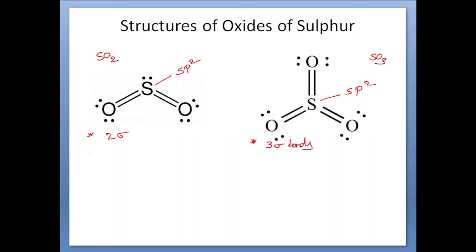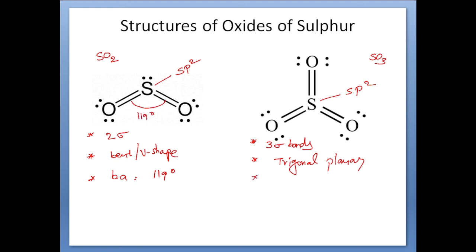Sulfur dioxide's geometry is bent or V shape, while sulfur trioxide's geometry is trigonal planar. The bond angle in SO2 is 119 degrees, and in SO3 the bond angle is 120 degrees.